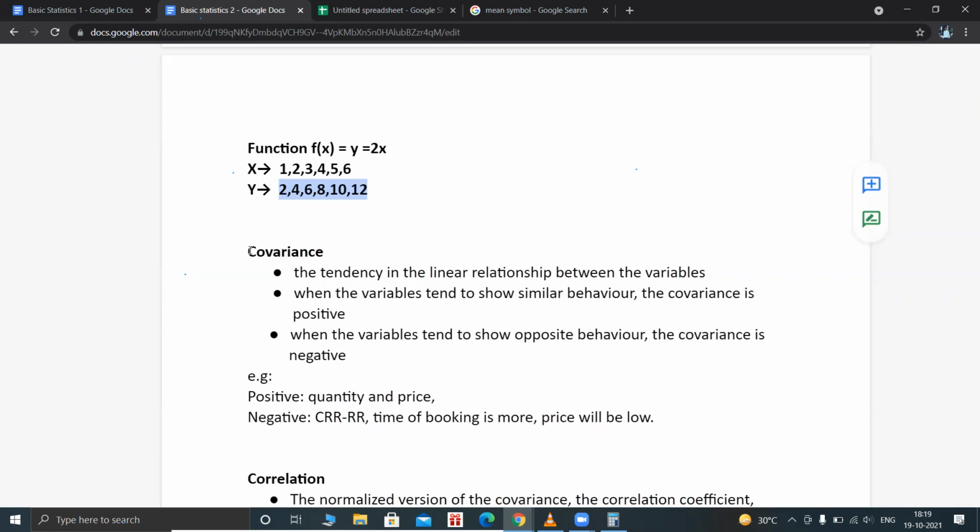So this is exactly what covariance tells us, right? Whether and how they are correlated to each other. What is the direction of my x values, guys? Is it positively increasing or negatively increasing?